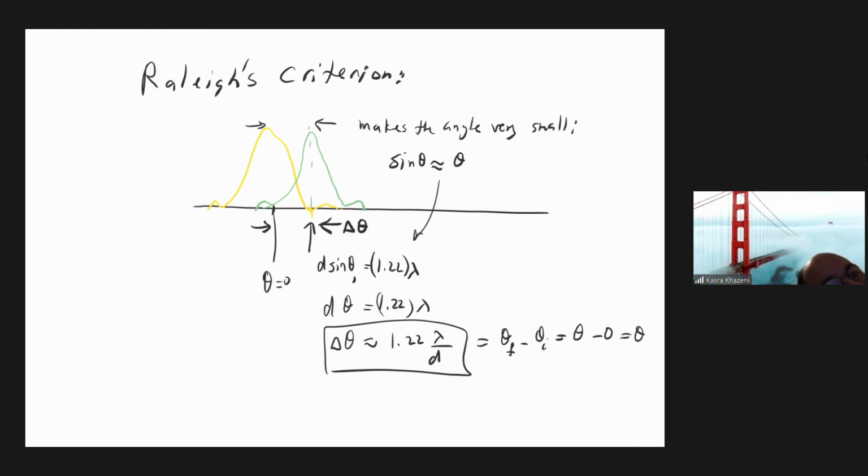If it's any smaller than this, the two peaks will merge into each other, and you can't tell the difference anymore. Okay, this is called Rayleigh's criterion, sorry, not Rayleigh scattering.